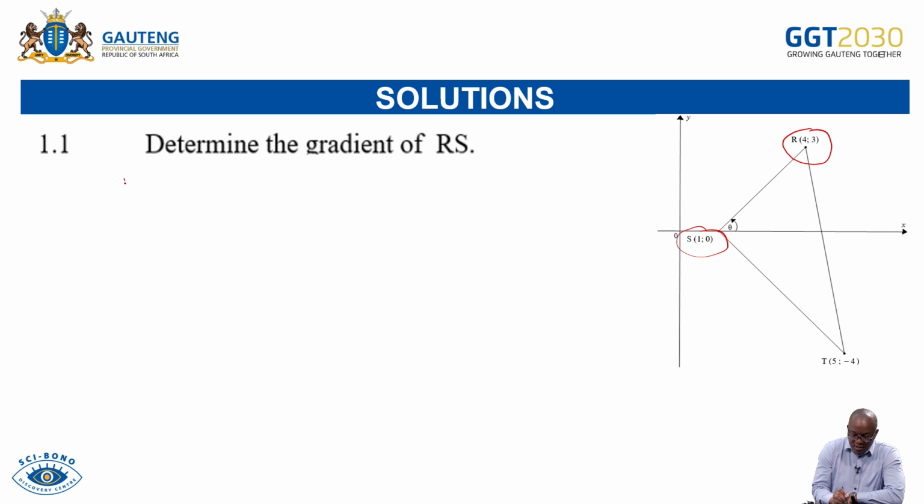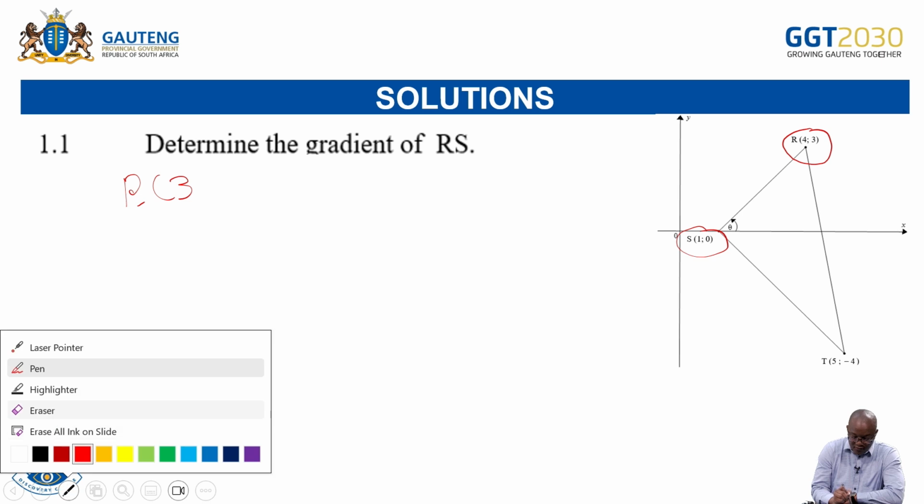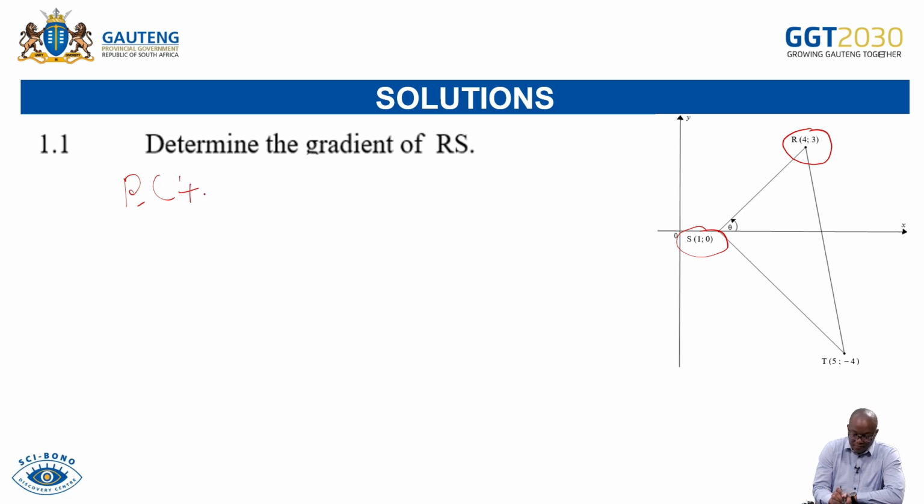Then R is 4 and 3, and you have also your S, which is 1 and 0.